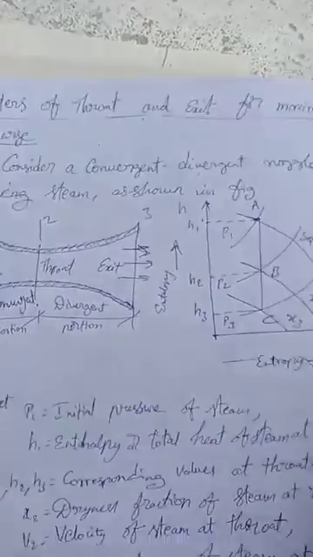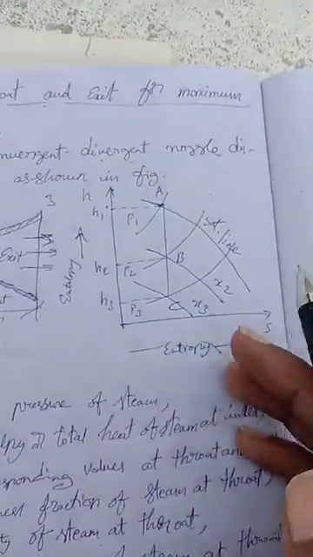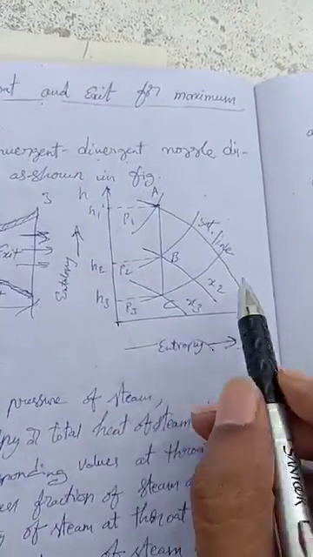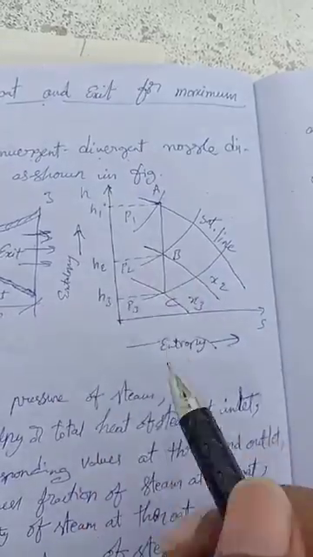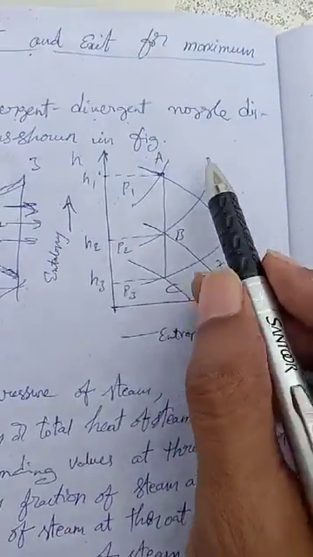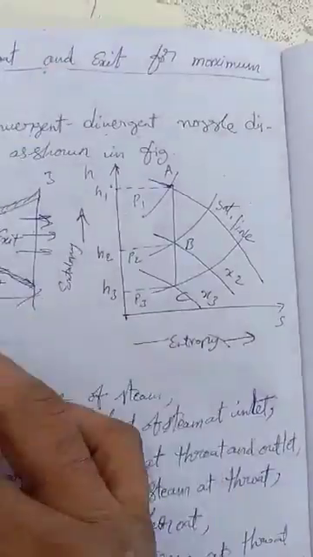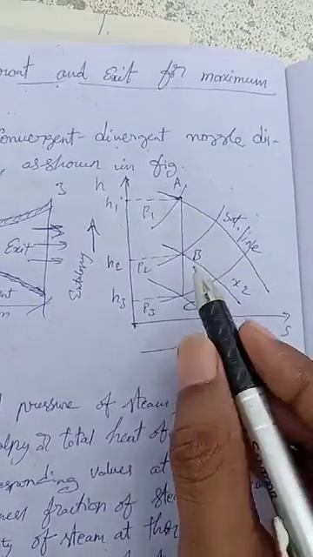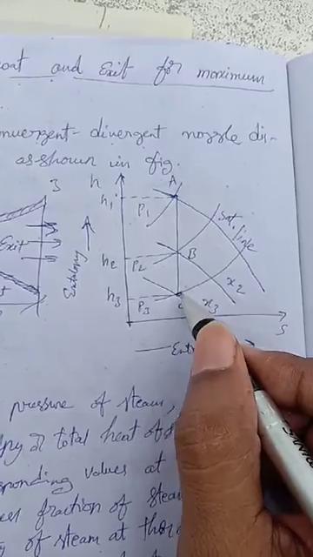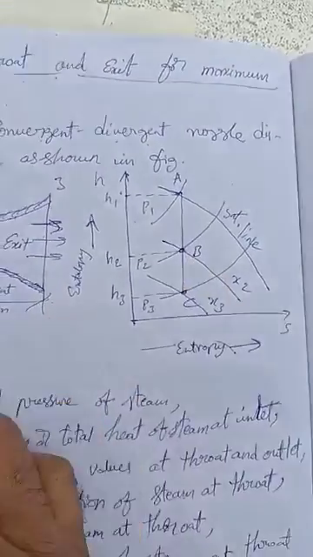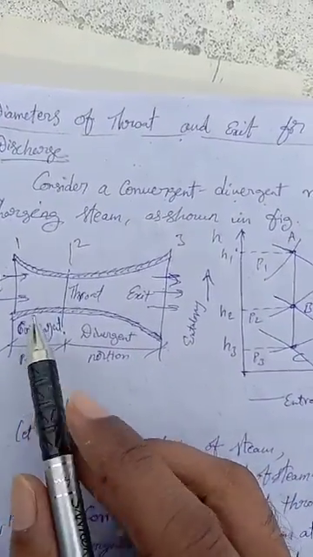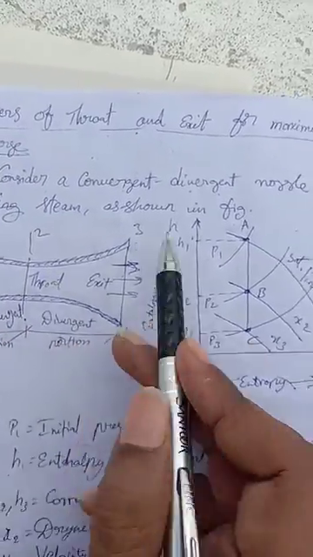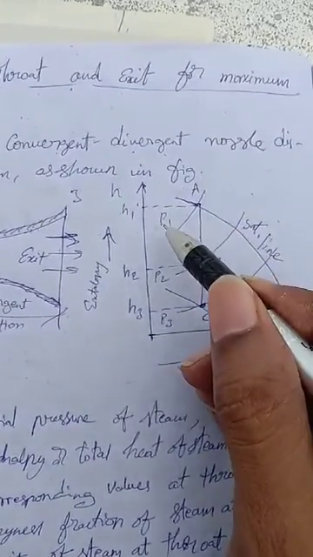Okay, and this is for the enthalpy and entropy diagram. This is entropy and this is enthalpy. ఇక్కడ మనం చూసుకున్నట్లయితే A, B and C. Now in here, A to B, B to C. Here look at this.